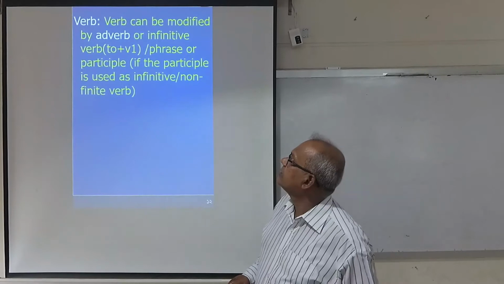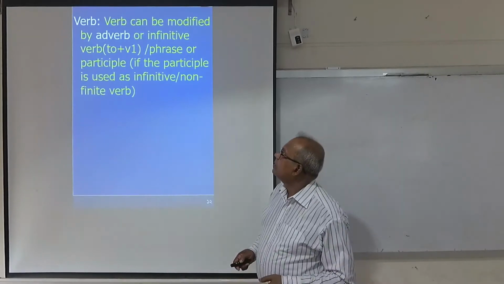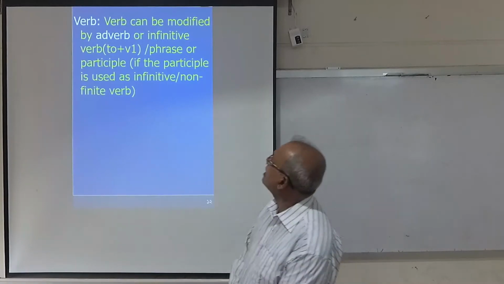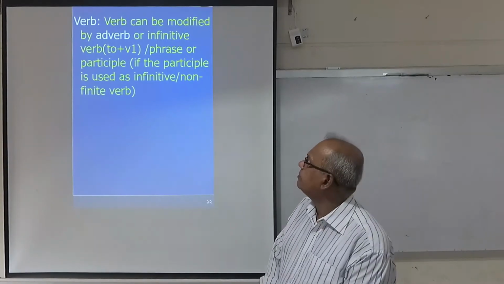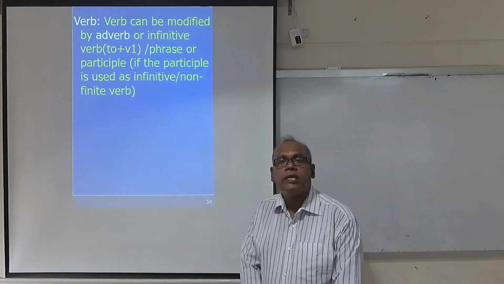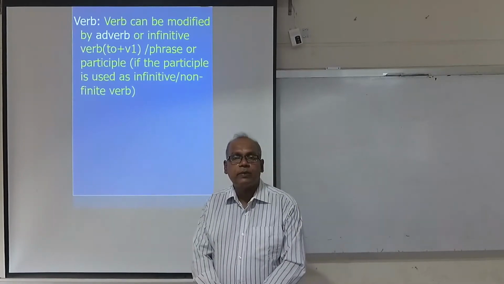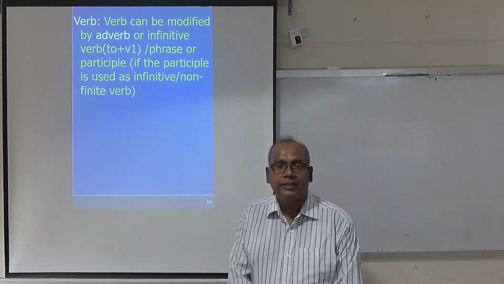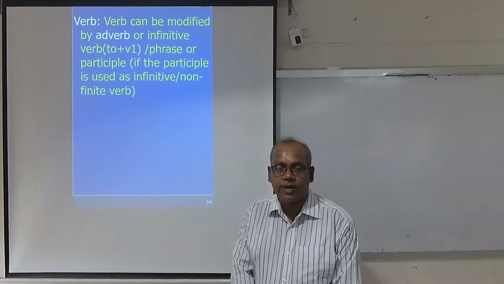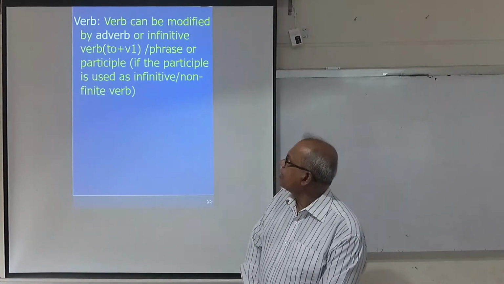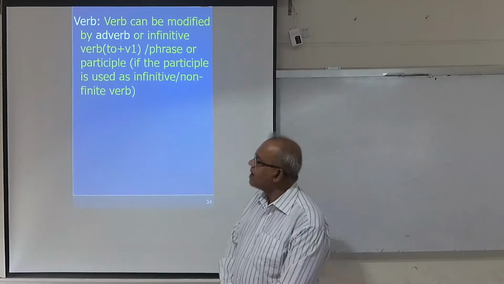Dear students, now verb can be modified by adverb or infinitive verb. You know infinitive verb, very simply we can say to plus present form of verb. It is known as infinitive verb or infinitive phrase or participle.